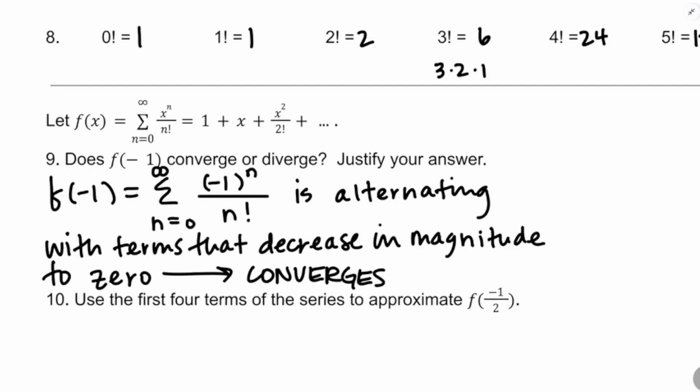We can only use the alternating series test to show convergence of a series. If f of -1 was going to diverge, we would be able to see that by the nth term test.